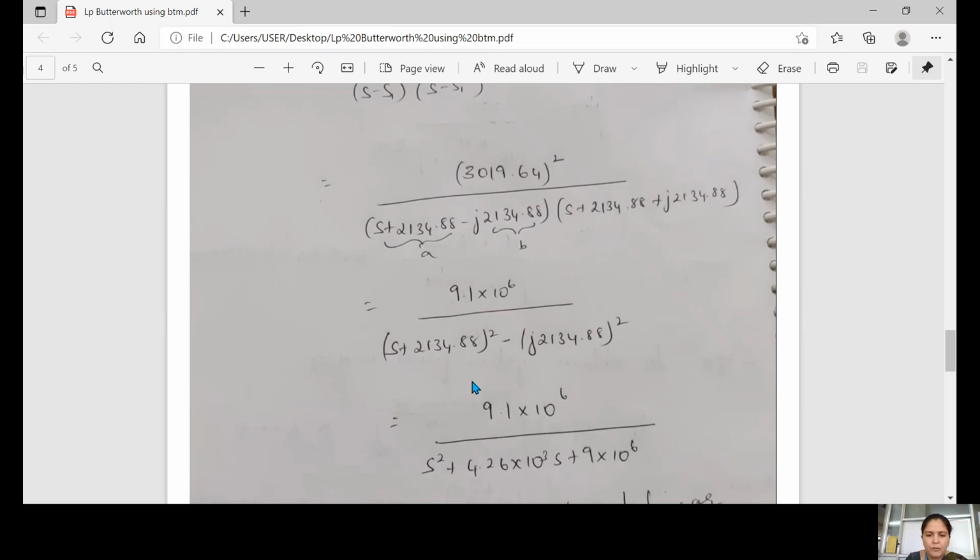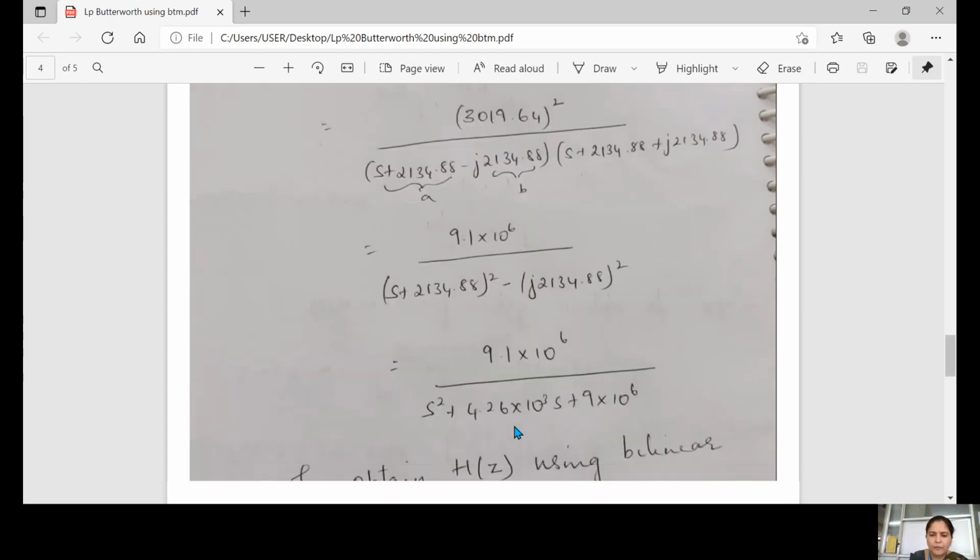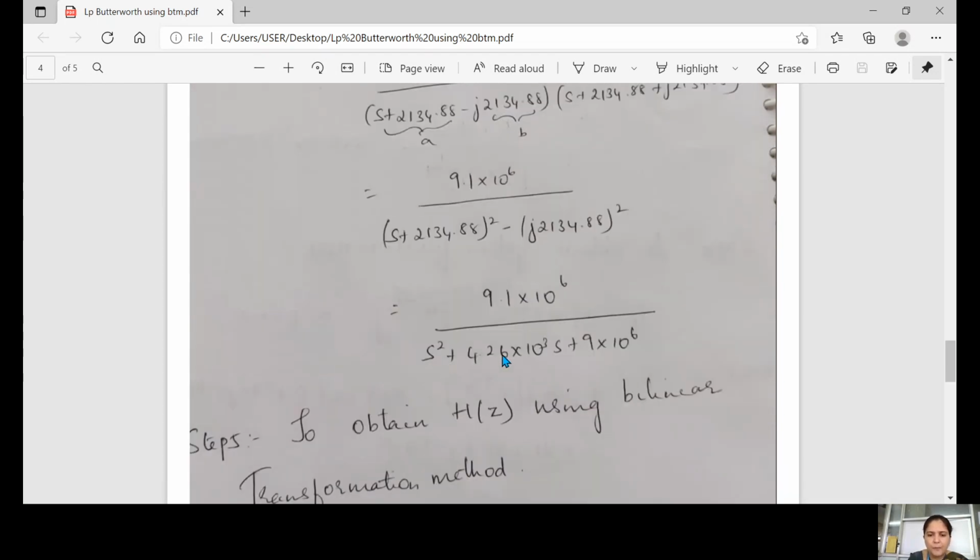So now I will expand this one. It is a plus b whole square, and this is j square. j square is nothing but minus 1. So you solve it, you will be getting it in the form of s square plus 4.26 into 10 raised to 3 s plus 9 into 10 raised to 6. So this is your H of s.